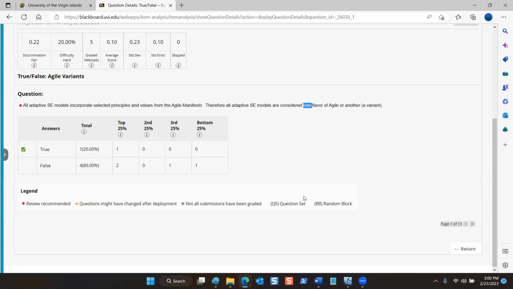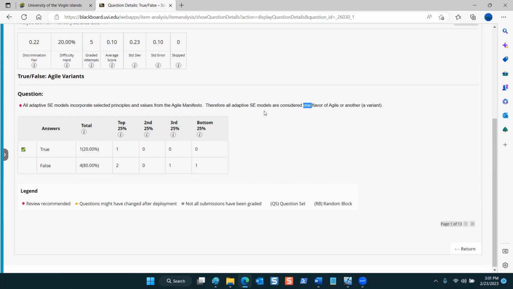Okay. If you remind me, we'll change the score on this as soon as we're finished with the review. I see that now. So I could word it, therefore, all adaptive SE models are considered one flavor or another of the Agile concept. So I can tweak the wording.